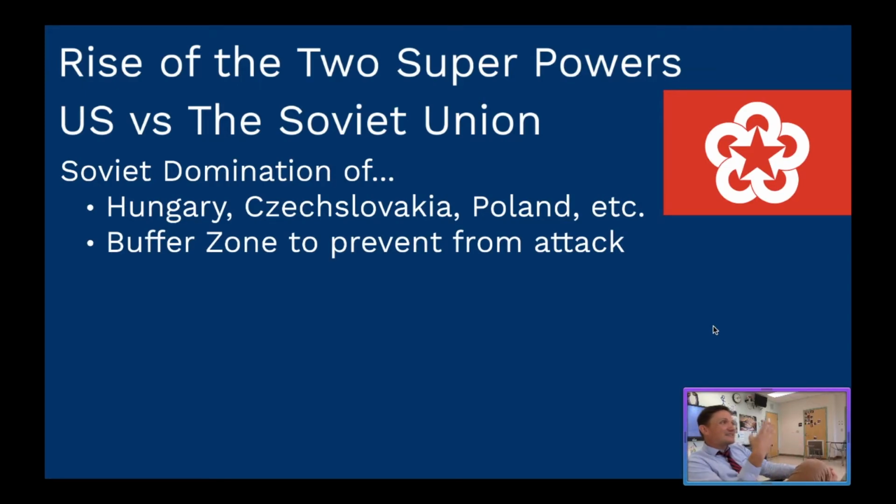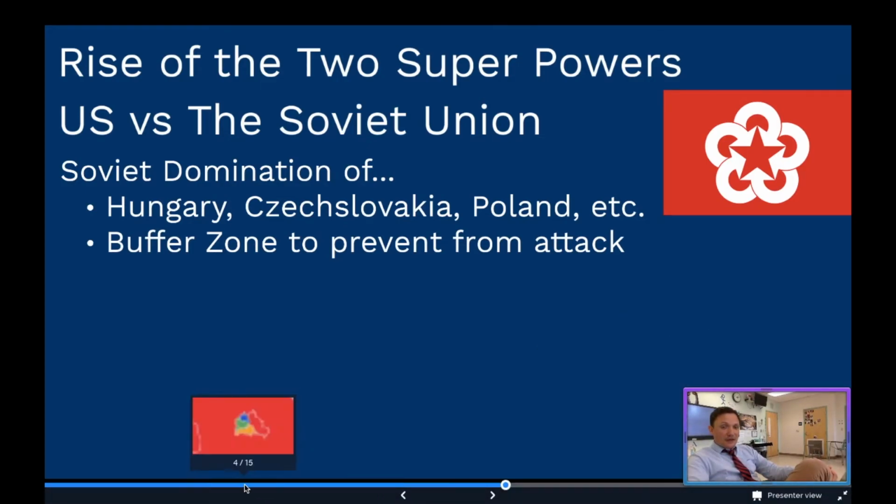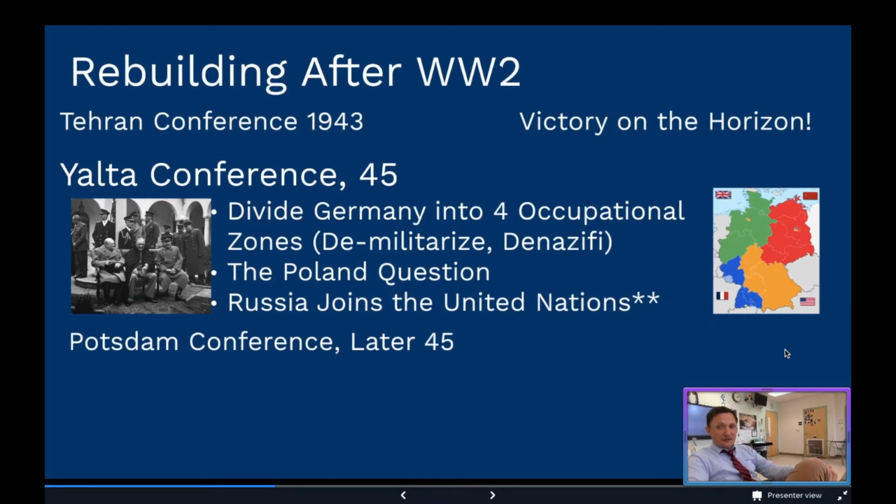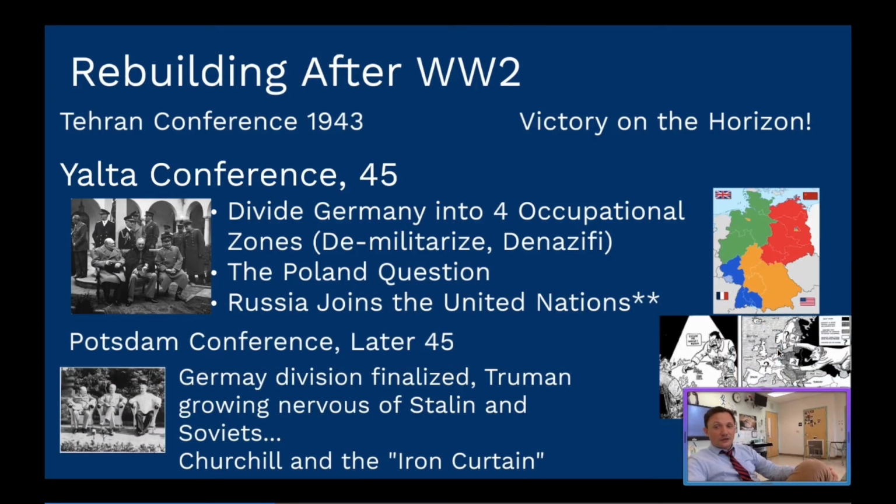But the Soviets still dominated some other places as well. So if we go all the way back to that propaganda or the political cartoon I was showing you of Stalin, looking like he's stretching over Europe and stuff like that. If we go all the way back to this real quick, you'll see what I'm talking about.